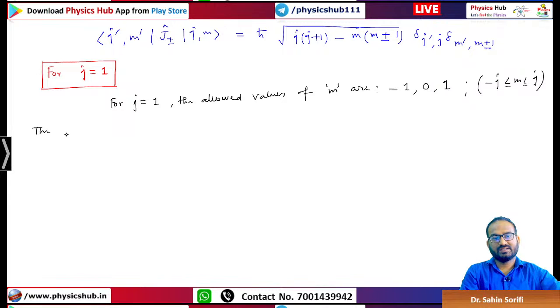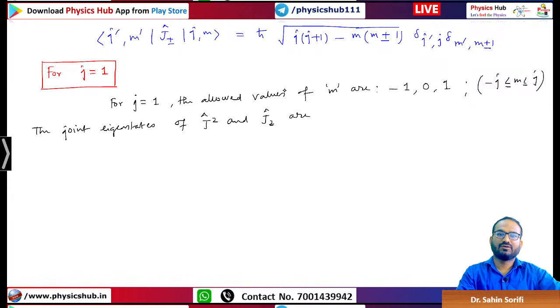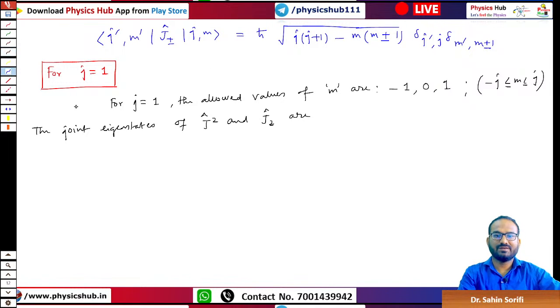So the joint eigenstates of J square and Jz are represented by |J M⟩. J is equal to 1 everywhere.